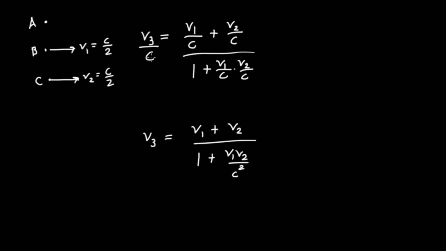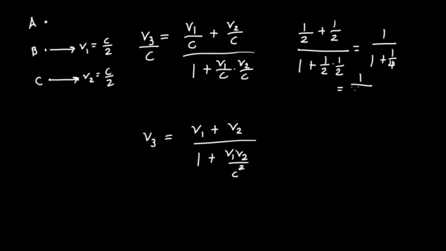So we see that v3 over c is going to be the sum of these two ratios. Now v1 over c and v2 over c are both equal to 1/2, so I just get 1/2 plus 1/2, which is 1. Then the denominator is going to be 1 plus the product, 1/2 times 1/2. Then I get 1 plus 1/4, which means I get 1 over 5/4, which means I get 4/5.